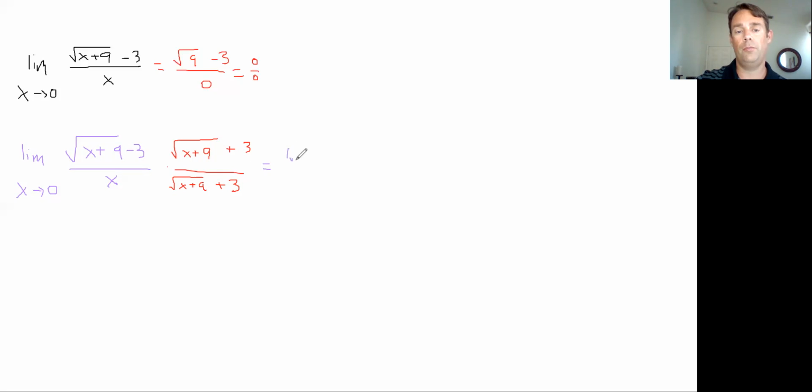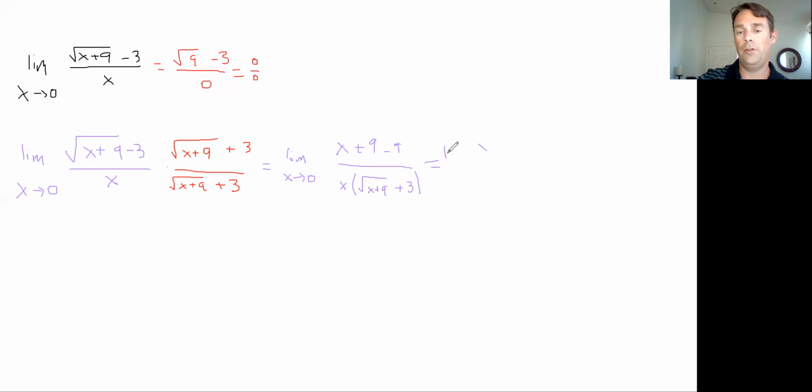So when I multiply the top, I'm going to square the x plus 9 minus 9. And on the bottom here, I am left with an x times the square root of x plus 9 plus 3. So the 9s are going to go away. And then I'm left with an x on top.